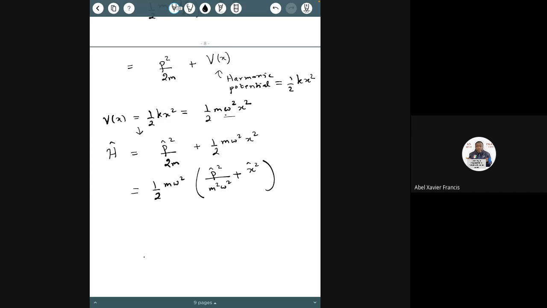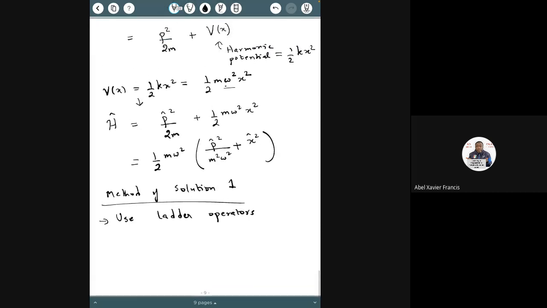So method of solution 1. Here we will use ladder operators. So-called ladder operators. I'll tell you what they are.